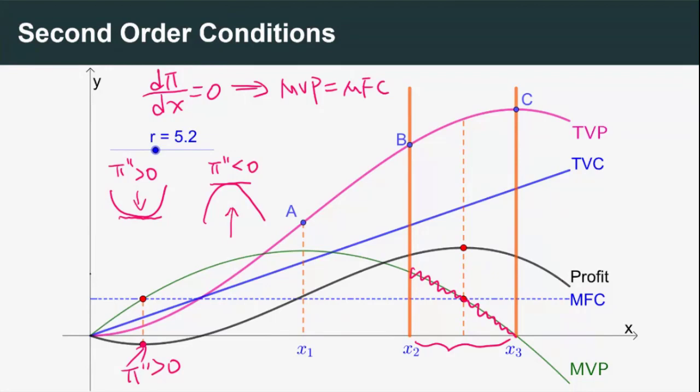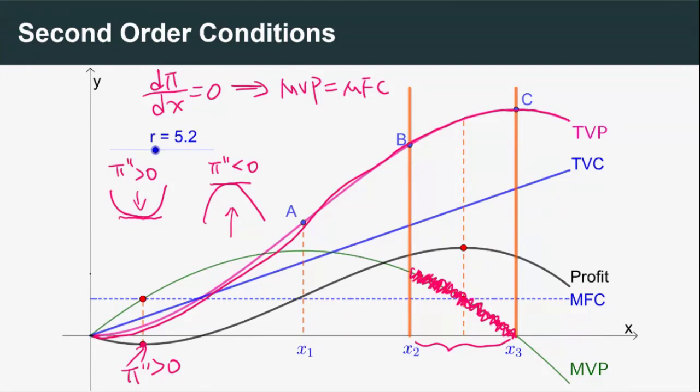Although we use this example of the typical production function, where the TVP curve has all 3 stages, in the real world a lot of times we only use a production function that has this downward sloping MPP or MVP region.